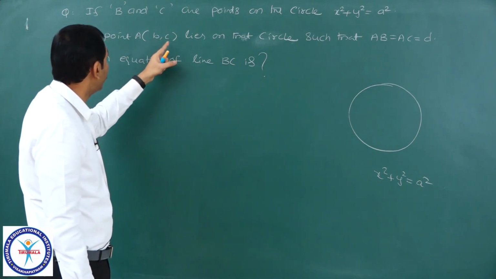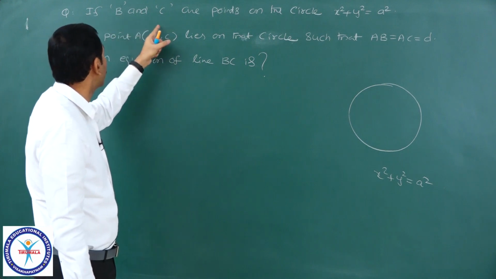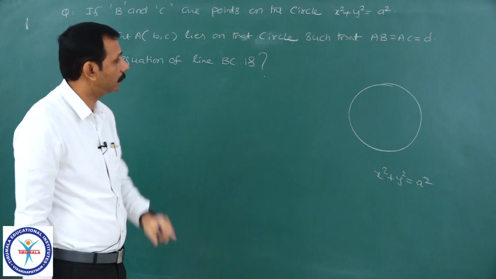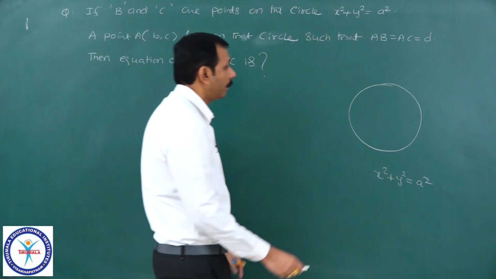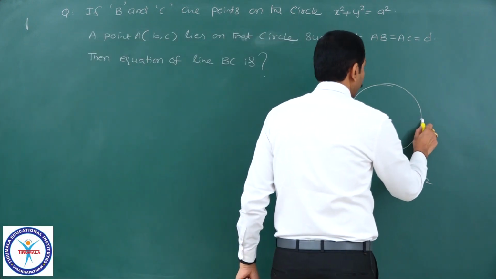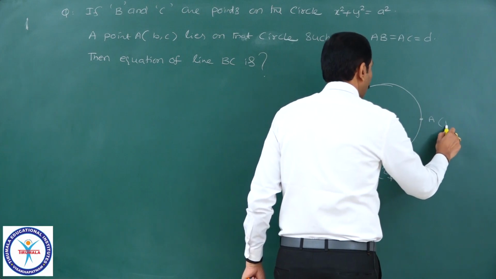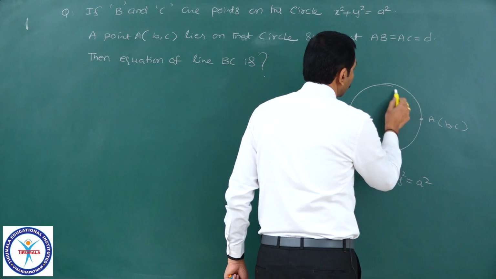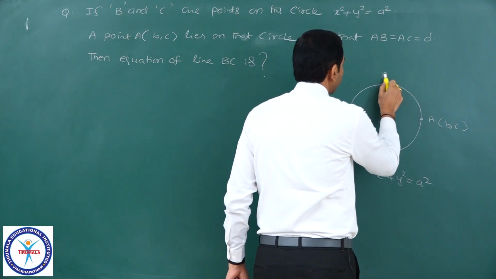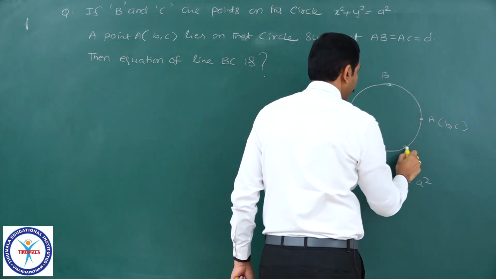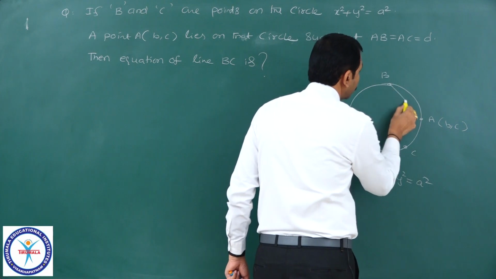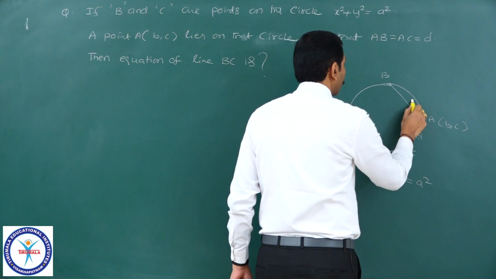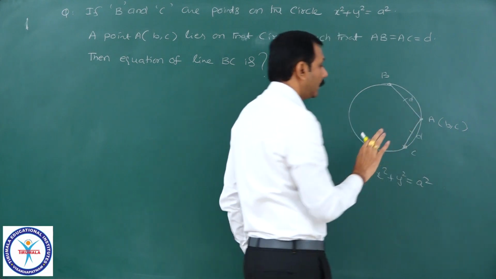A is a point B comma C, and these two are such that the distance from A to B and A to C are equal and equal to D. So first I will take capital A. Suppose somewhere here it is capital A whose coordinates are B comma C. Now let me take somewhere here it is B, and somewhere here it is C. Means this distance and this distance both are the same, equal to D. That is the meaning.